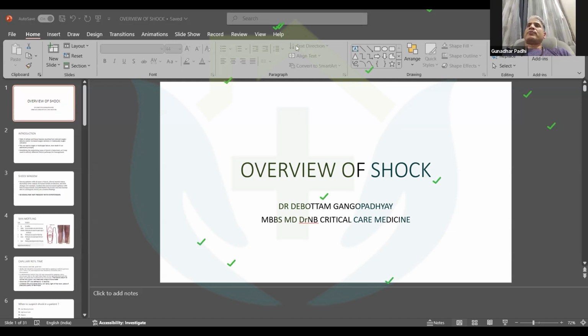Any form of under perfusion will manifest as elevated lactate, low PO2, metabolic acidosis, tachycardia, cerebral dysfunction or any organ dysfunction, cold and clammy extremities, delayed capillary refill, and under-perfused skin in the form of mottling.